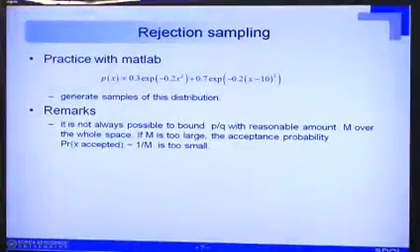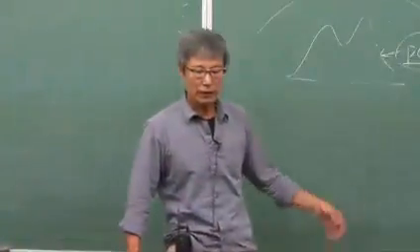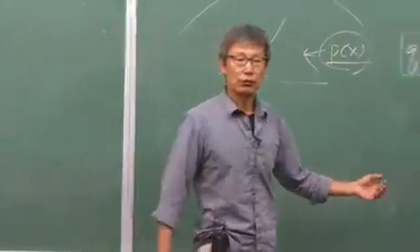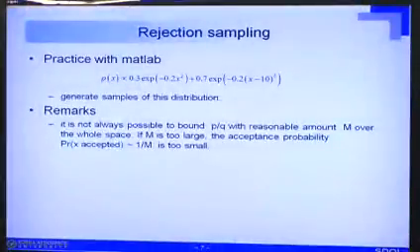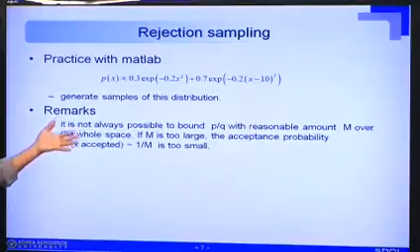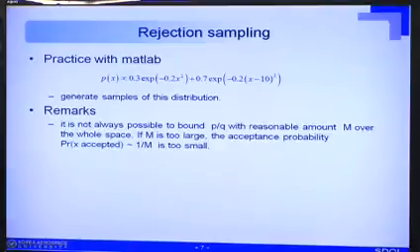By the way, before going to that, I have a remark. And this is the remark in any articles addressing this method. It's not always possible to bound with a reasonable amount. This problem is very easy, and we can handle easily the case that we have to know the proportional constant M and the range of the px, things like that.